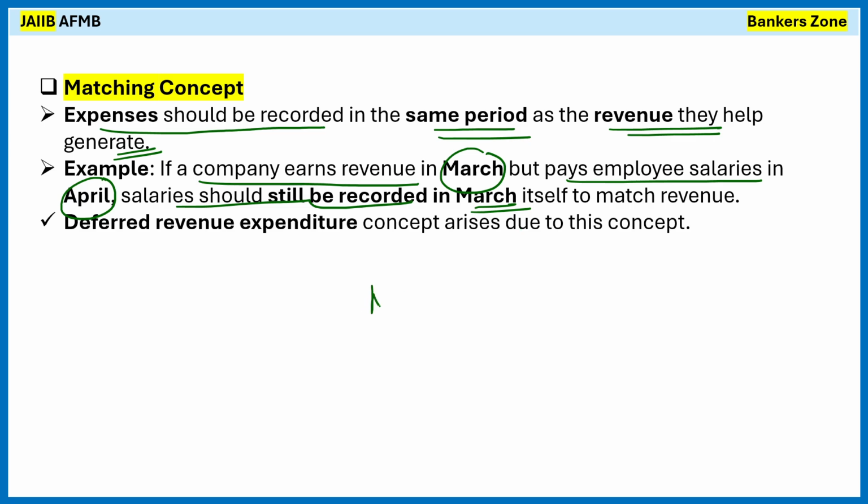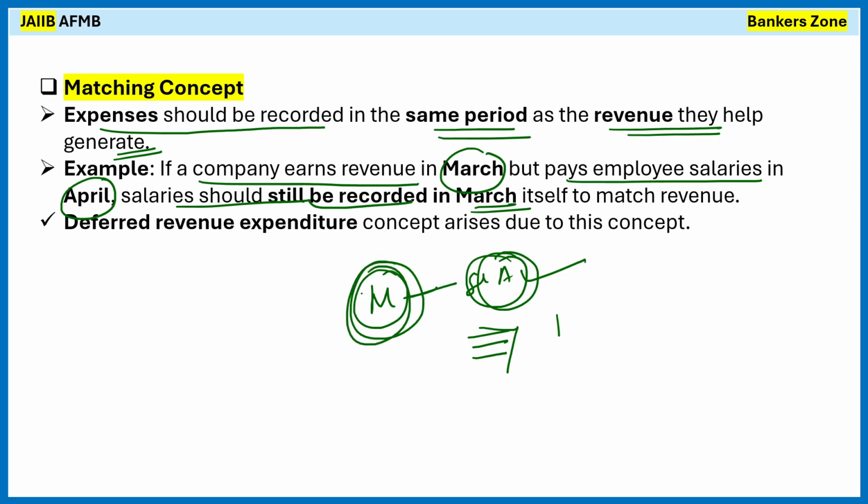Employees worked in March and got their salary in April. This may happen in banks, where we get the salary in the same month, but in a company the March salary is paid in April. Still, while making the entry in the books of account, we have to record that these salaries, though paid in April, are for the month of March.